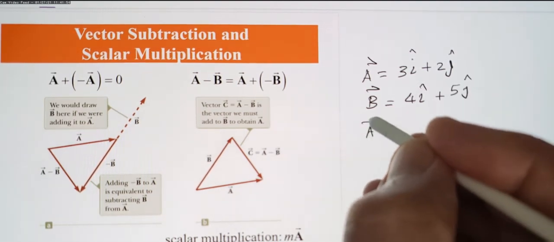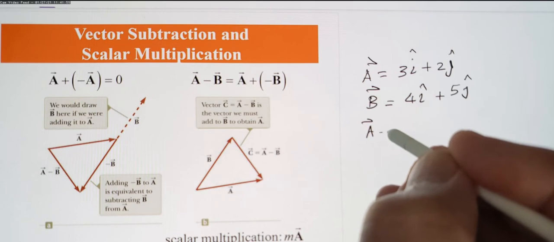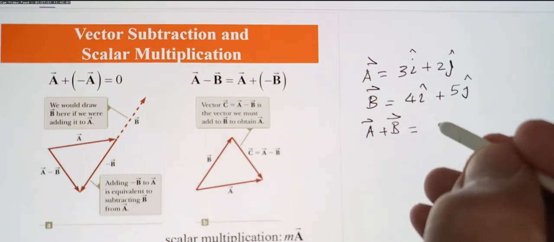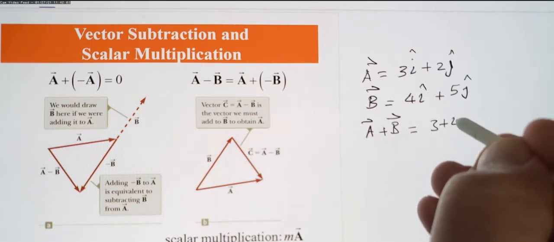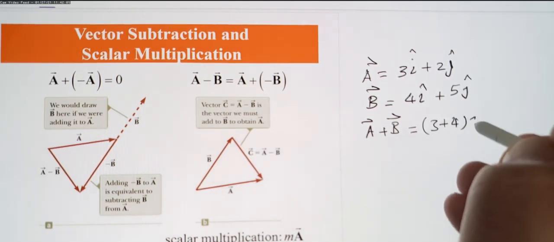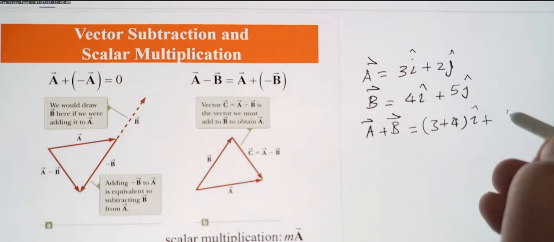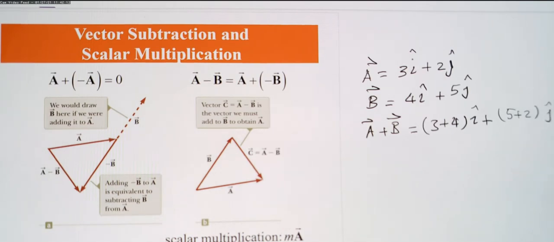So A plus B, I add the i together and the j together. So 3 plus 4 in the i direction, plus 5 plus 2 in the j direction.